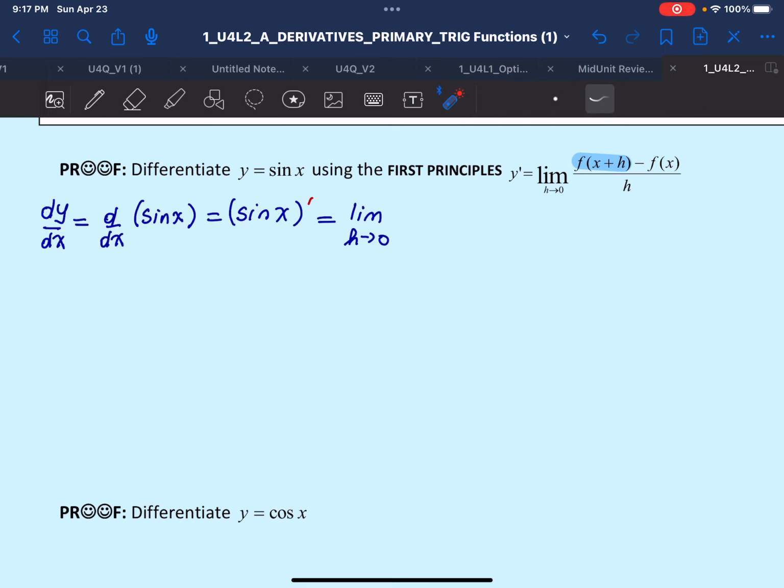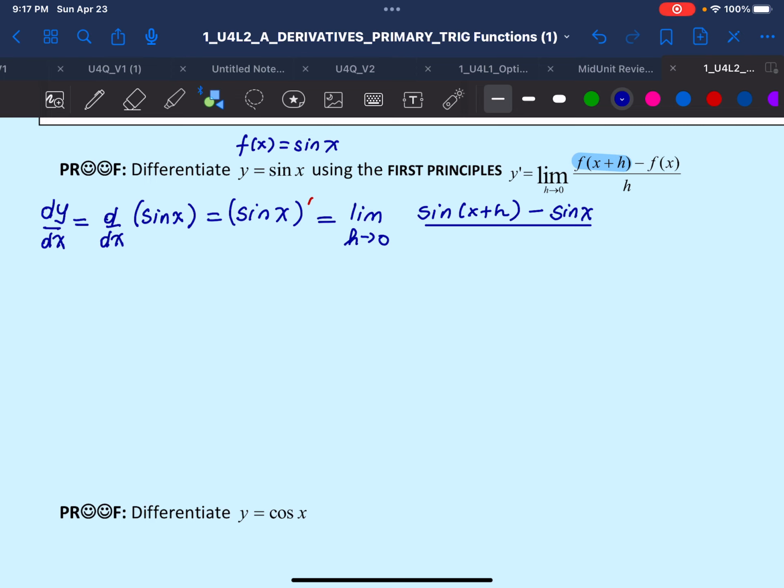If f of x is sine of x, then f of x plus h will be found by replacing x by x plus h. So that will make sine of x plus h, and then minus f of x, which is sine of x, and then divided by h.